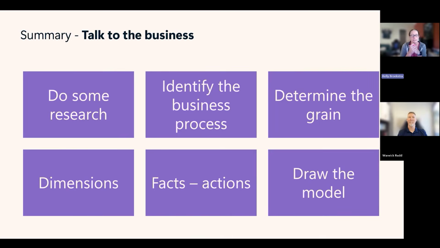The steps we take are: we start with some research, we identify the business processes, we determine the grain of the data, we look for dimensions, we look for facts, and then we draw the model. We're going to take you through a real life scenario going through that process as part of this session.